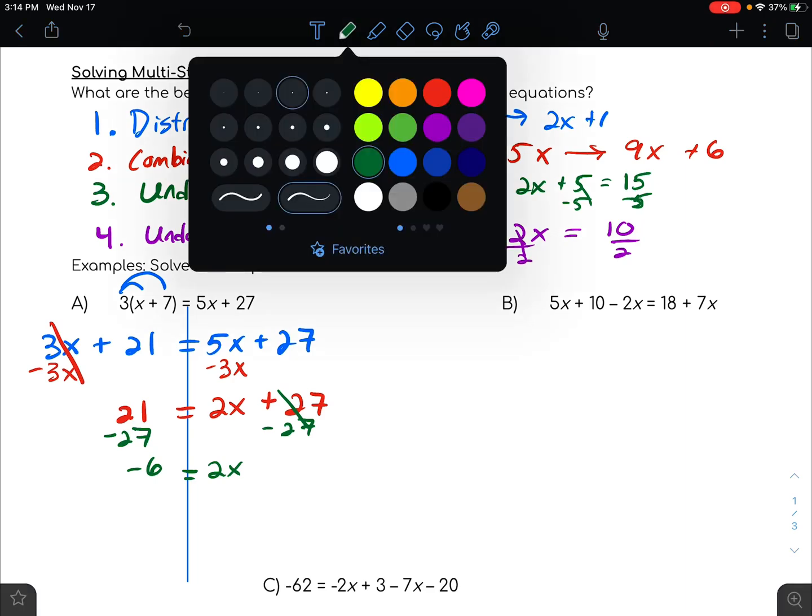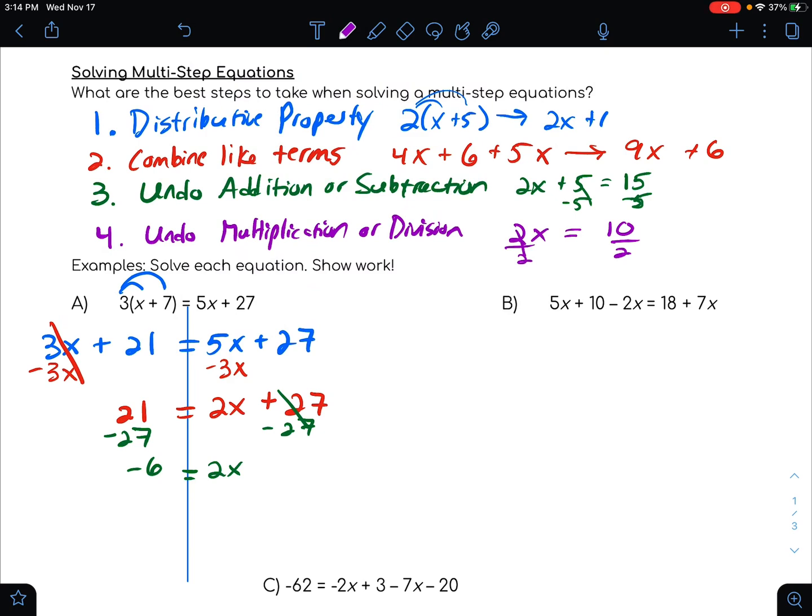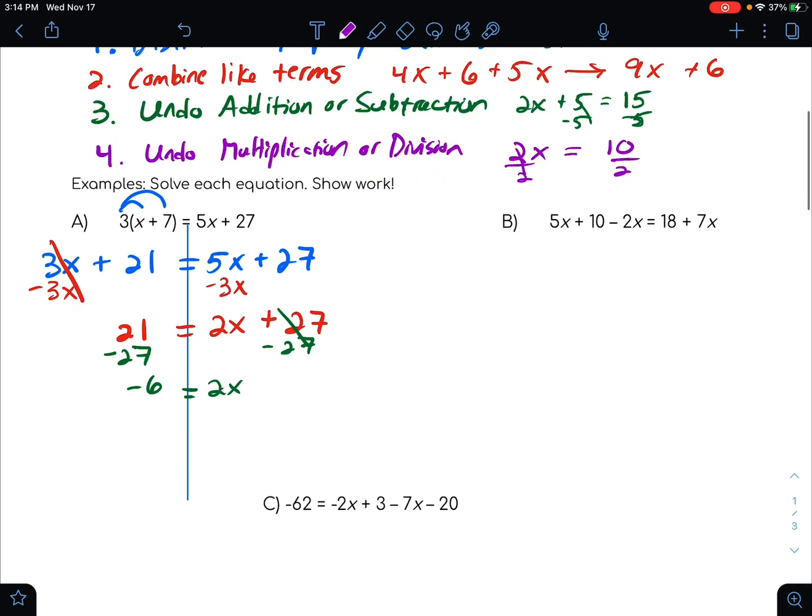And then we will undo any multiplying or division. On the right side, I have 2 times x. Remember, 2x means 2 times x. So 2 times something is negative 6, which you might be able to do in your head. But we will do the undoing operation of undoing that multiplication with division. So 2 divided by 2, which is 1x, or just x.